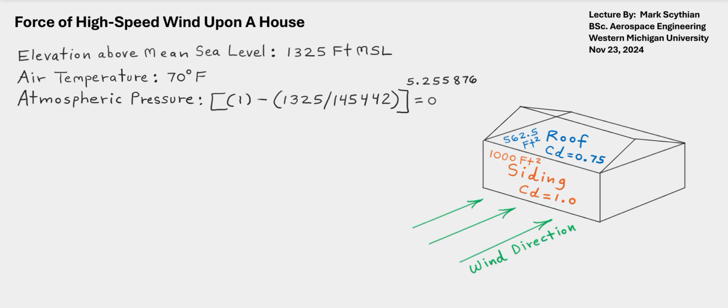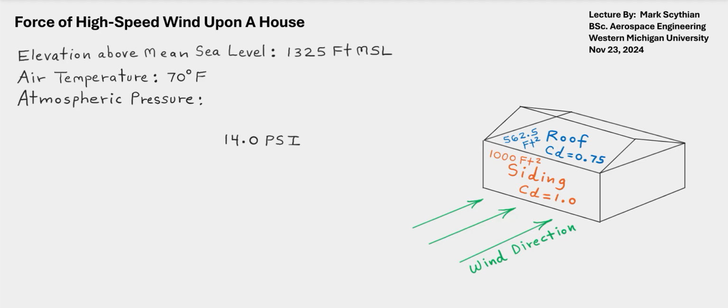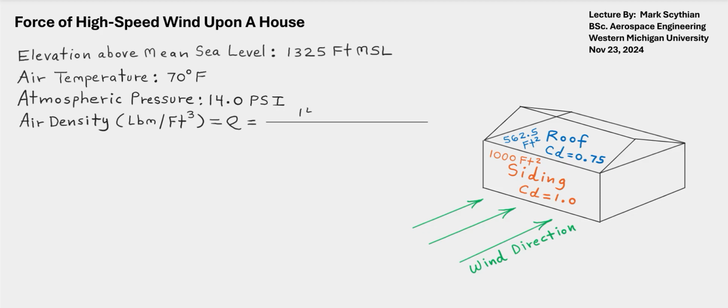So we have calculated 0.953 atmospheres using that physical chemistry equation. And then we can multiply that times 14.7 psi at sea level. So at 1,325 feet above mean sea level and 70 degree Fahrenheit air, the atmospheric pressure is 14.0 pounds per square inch.